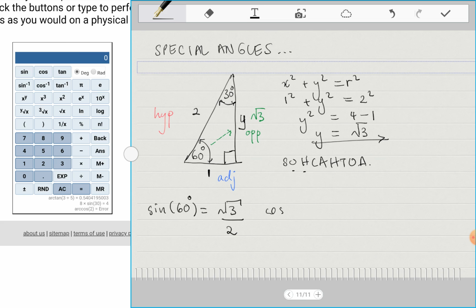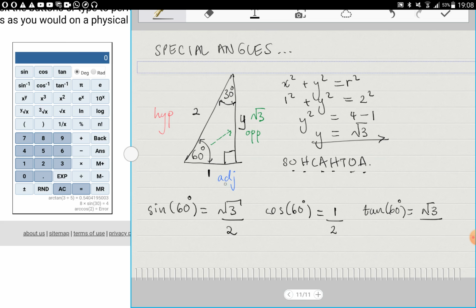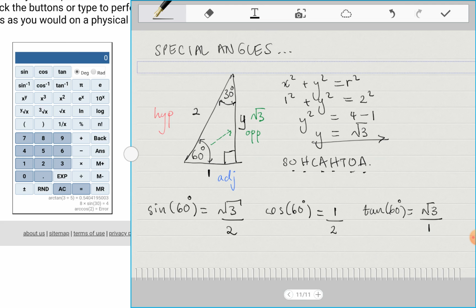Then cos of 60 would be your adjacent over your hypotenuse, so your adjacent would be 1 over your hypotenuse, which is 2. And looking at tan of 60, you have opposite over adjacent, so square root of 3 divided by your adjacent, which would just be 1.